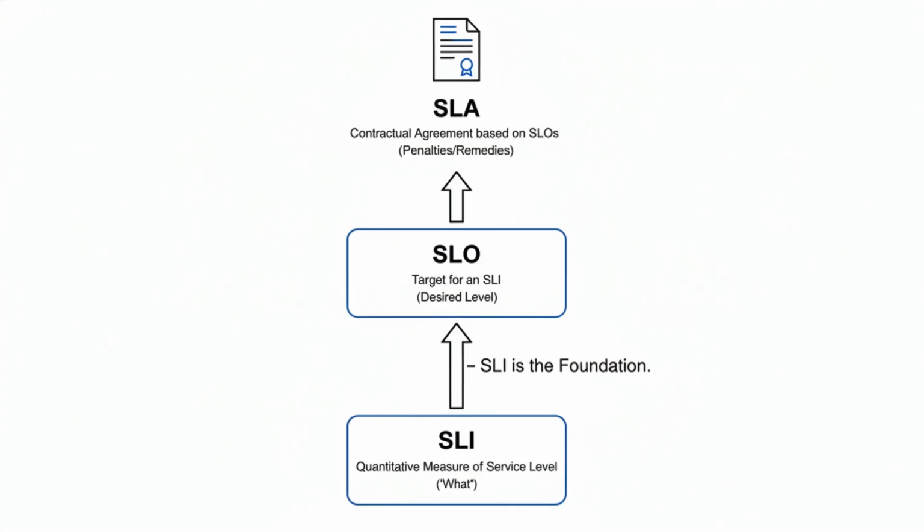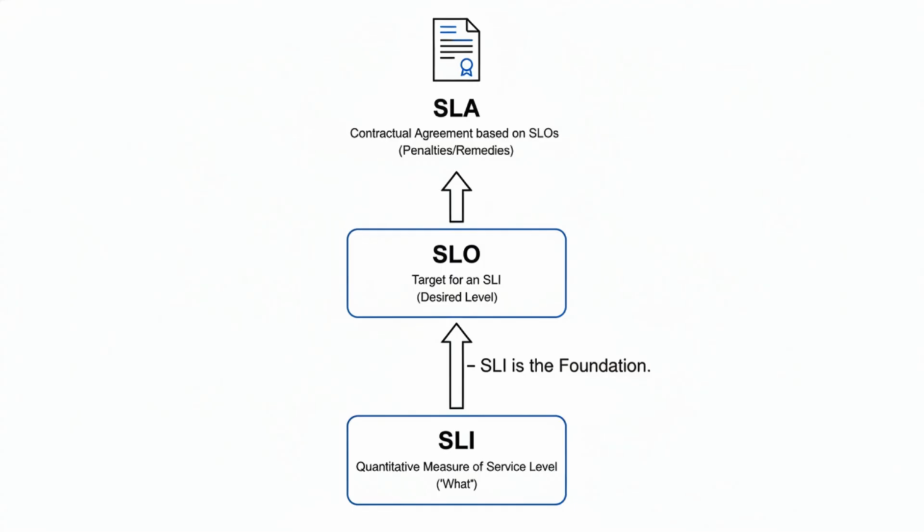Building upon SLIs, a service level objective, SLO, is a target value or range for an SLI. It defines the desired level of service you aim to achieve, like 99.9% availability or request latency under 200 milliseconds for 90% of requests. Finally, a service level agreement is a formal contract between a service provider and a customer, outlining the SLOs and, more importantly, the penalties and remedies if those SLOs are not met.